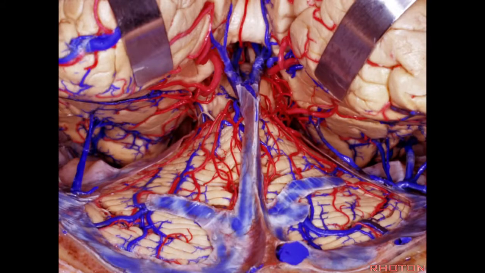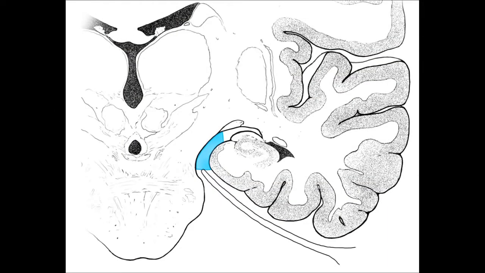Another way, and there are a number of papers that have been published, is using the posterior approach to the area of the ambient cistern. It avoids damaging these large bridging veins coming off the lower surface of the hemisphere. You come posteriorly to the area of the ambient cistern, but coming posteriorly you can get a little higher, but you cannot reach the upper part of the ambient cistern.